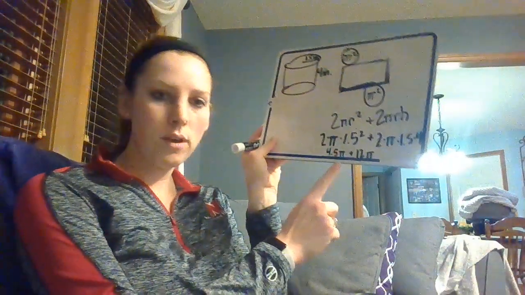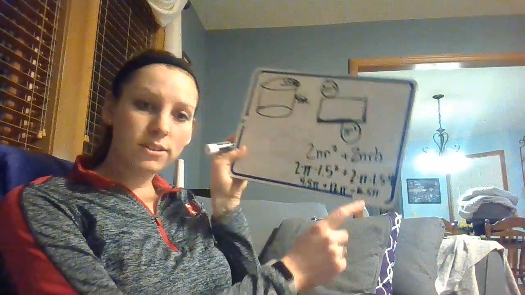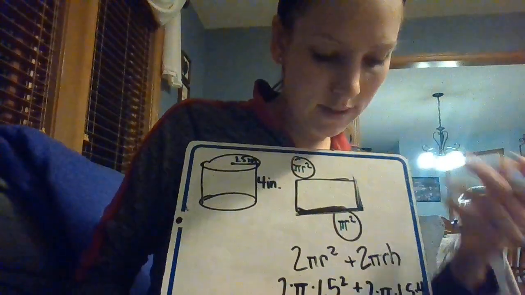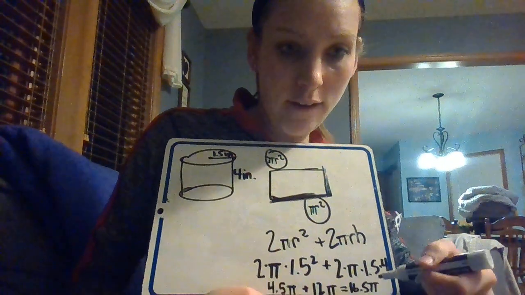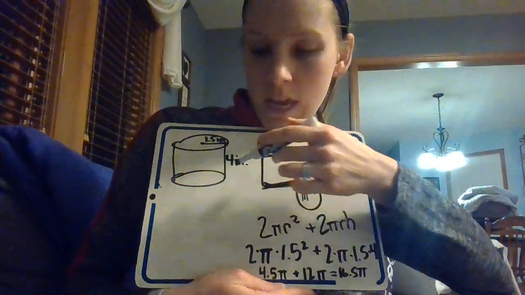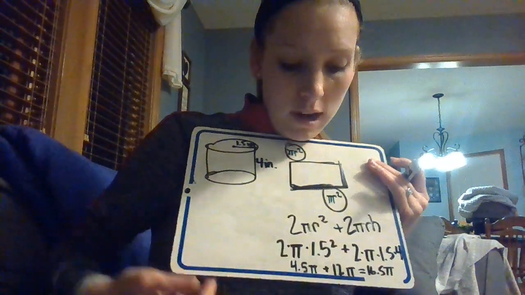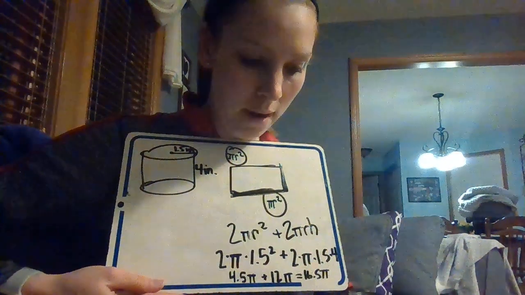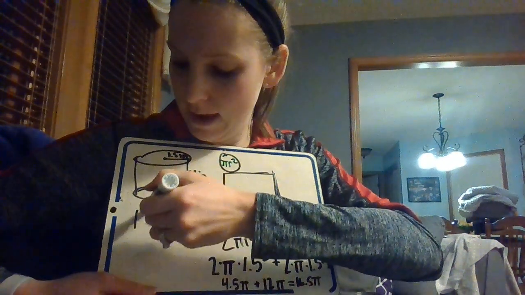So I've got 4.5 pi and 12 pi. I'm going to add those two things together and I get 16.5 pi. If they wanted the exact surface area of this cylinder, we'd be done. 16.5 pi inches squared. If they wanted an estimated surface area, I would actually have to plug that into my calculator.